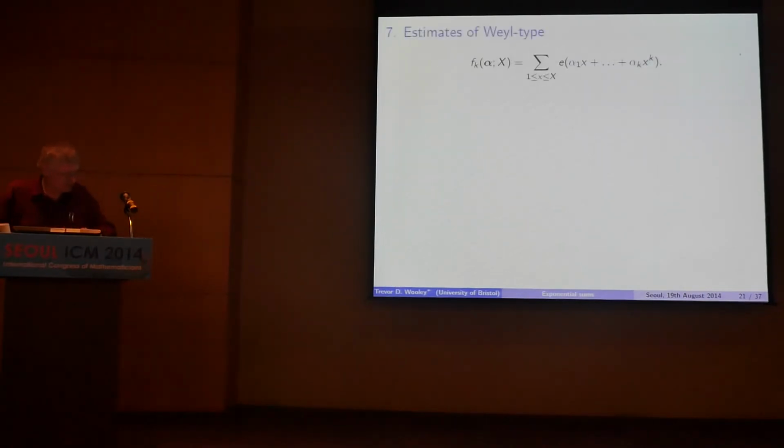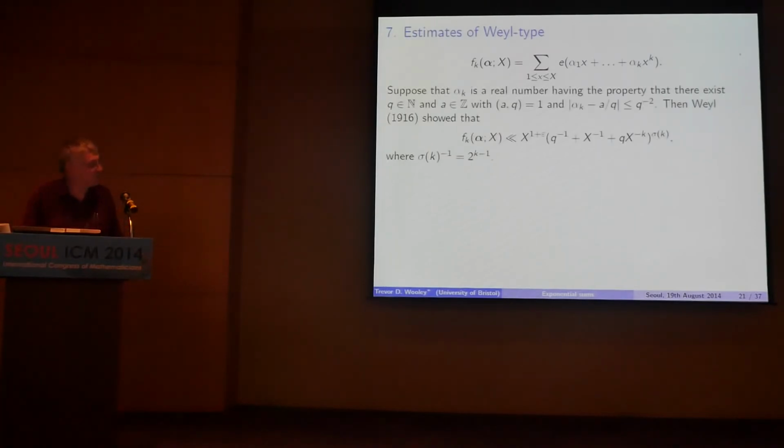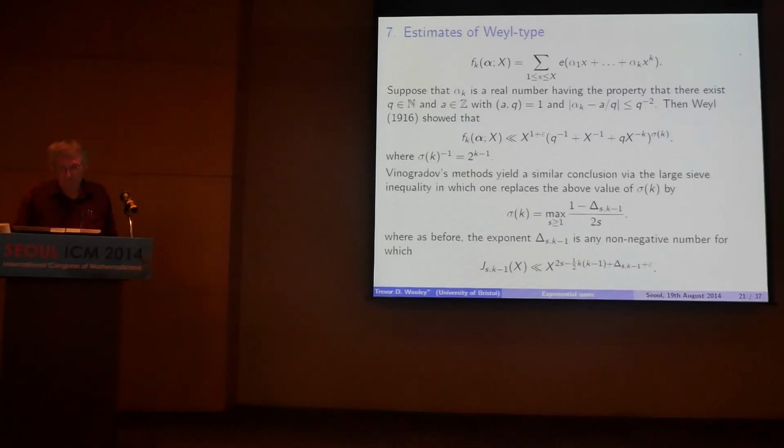Okay, so I should say a little bit also about estimates of Weyl type. Recall we had Weyl's inequality. You get an estimate for your exponential sum which is small if you don't have rational approximations to the leading coefficient which are too good, with denominators too small. So let me summarize the pointwise bound estimate that we derived before. It gives an upper bound with a new exponent depending on the quality of your mean value estimate for J_{s,k-1}.